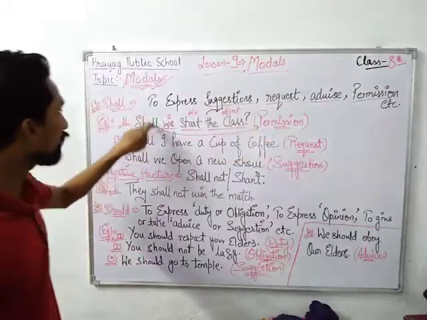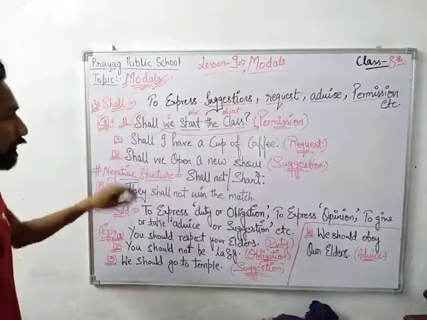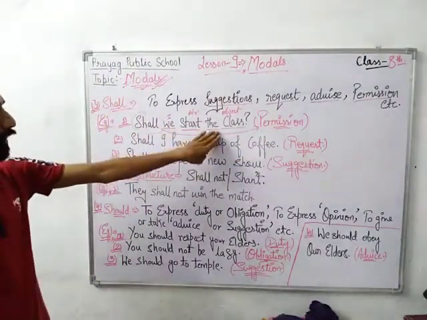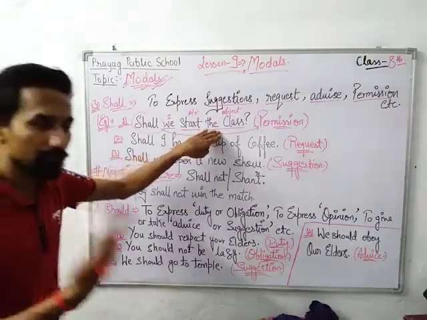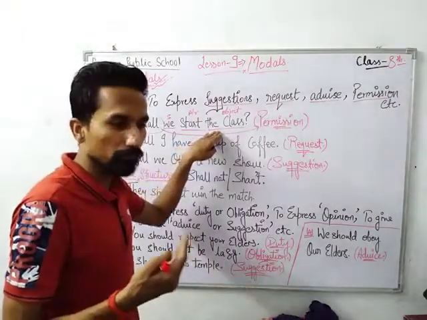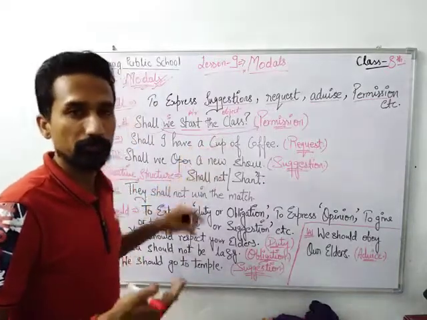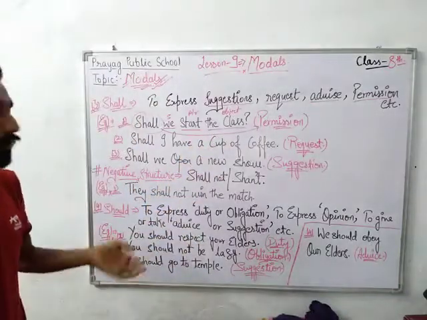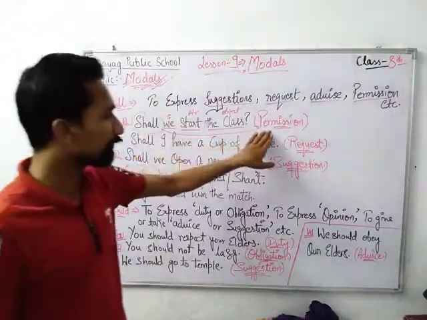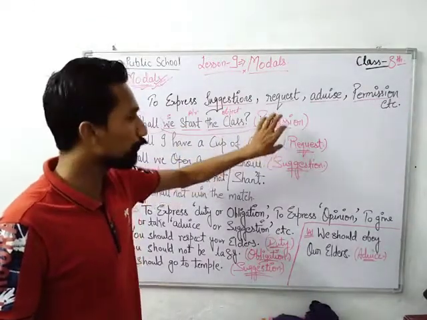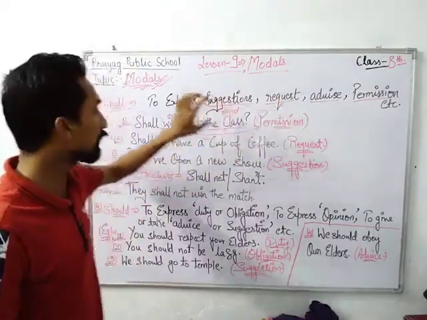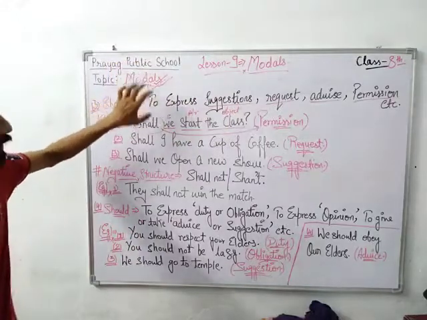And that is why this shall is falling under the category of modal, right? Because it is asking or taking the permission, like I am asking can we start the class or not? So this shall is expressing the mood of the speaker in the sense of permission.